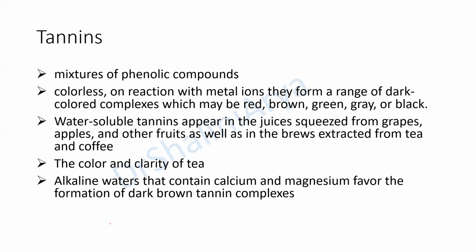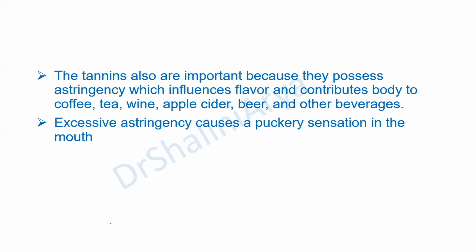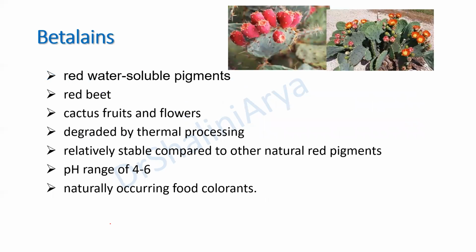If you extract it more, what will happen? All of these tannins get over extracted or over brewed, and therefore you have that puckering mouthfeel. Then the next one is betalains.